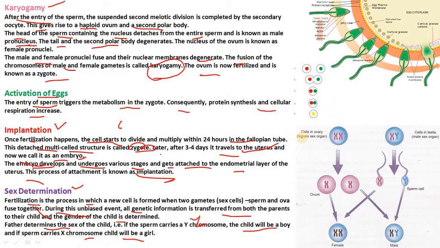In this picture, it is clear that the female sex organ contains XX and the cells in the testes are XY. So, if X comes from the sperm cell, then it is female, and if Y comes, then it is male. It's just simple.